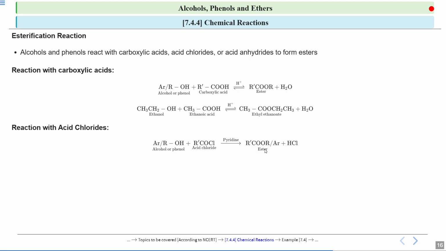So again an ester is formed. Look at this: this is methanol, which is an alcohol, and this is acetyl chloride. Hydrogen from here and Cl from here will leave as HCl and a corresponding ester will be formed. In all these cases, you will see that the OH bond is cleaved and the oxygen is acting as a nucleophile.